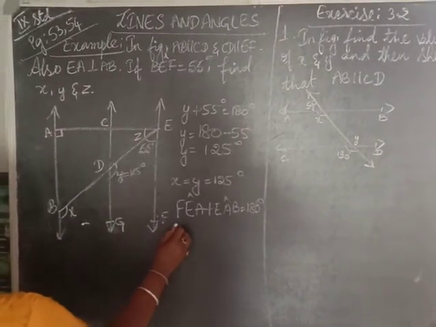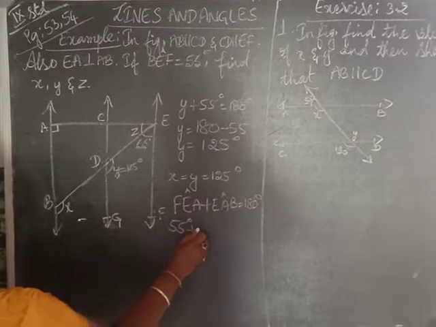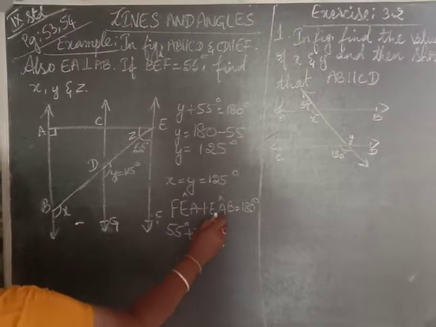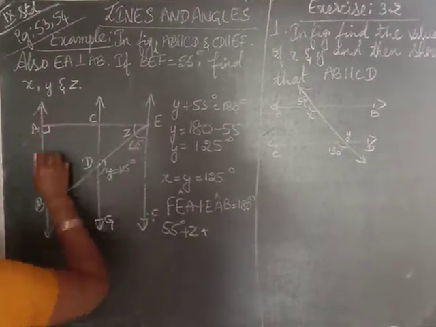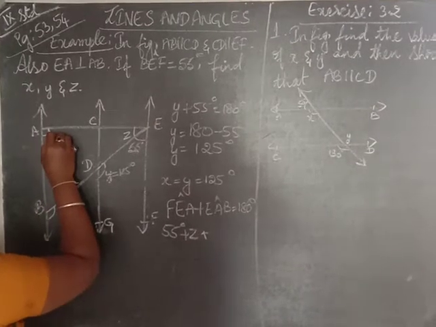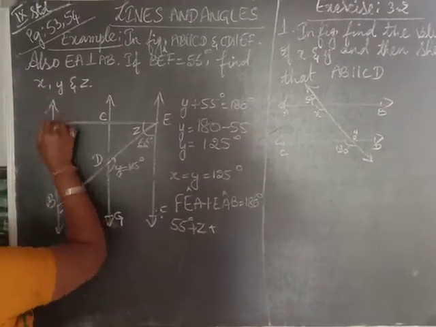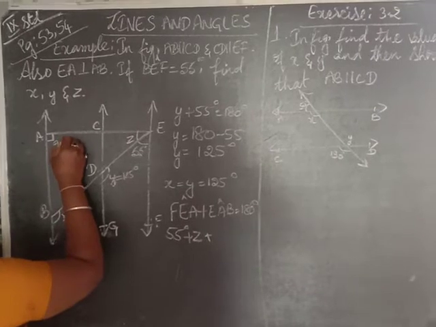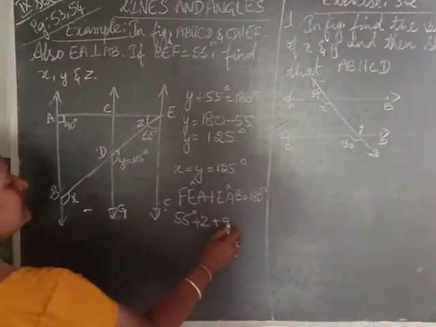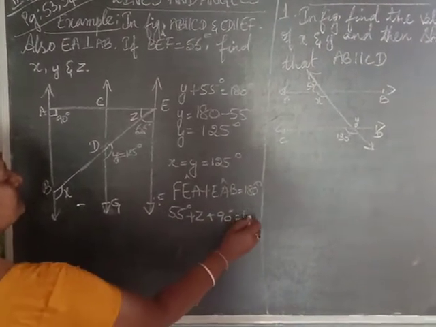Now, FEA is nothing but the sum of these two angles. So, that is 55 degrees plus Z plus EAB. How much is EAB, children? Since EA is perpendicular to AB, this is 90 degrees. So, 55 plus Z plus 90 is equal to 180.